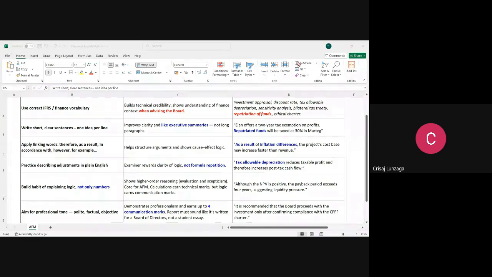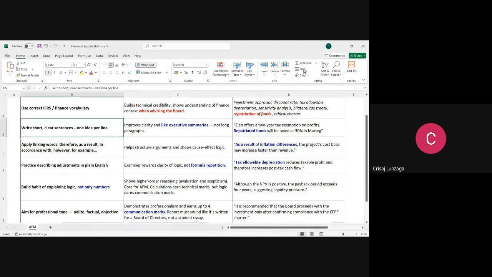We're going to learn how to describe adjustments in plain English. So, what is the aim of this one? For this part, we need to describe things in plain English because the examiner rewards clarity of logic, not formula repetition.